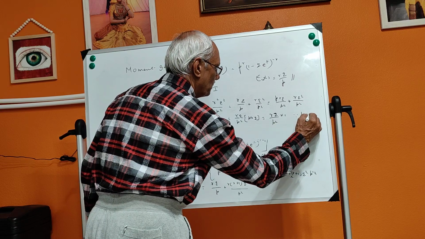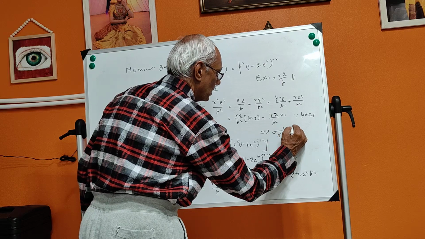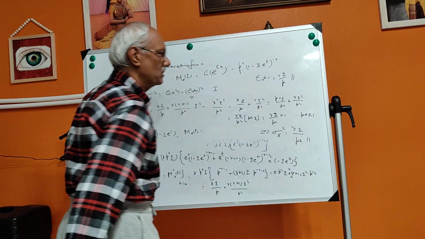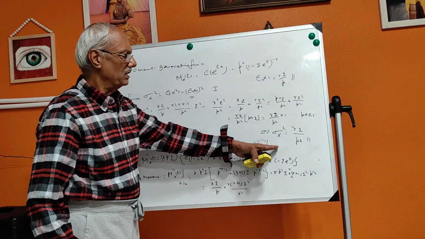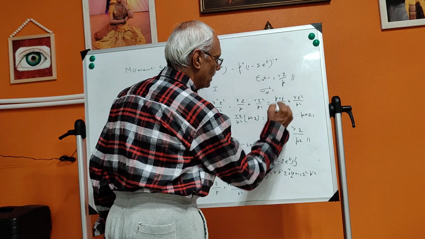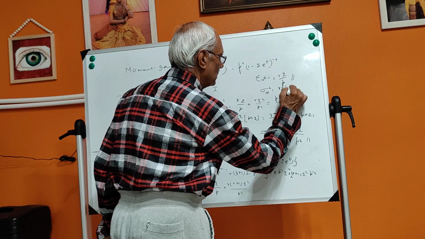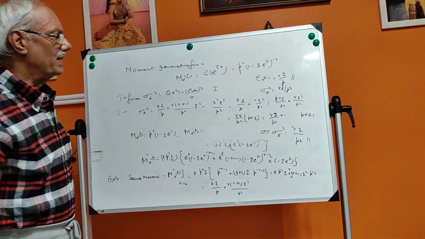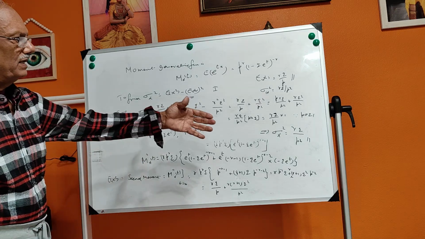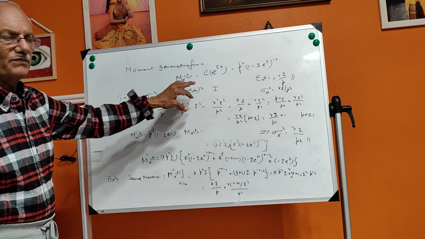Since p plus q is equal to 1, this is what we get. So we are able to get the value: variance of x is nothing but r q by p squared. That's all. So this is how we find the mean and variance of a negative binomial distribution using the moment generating function.